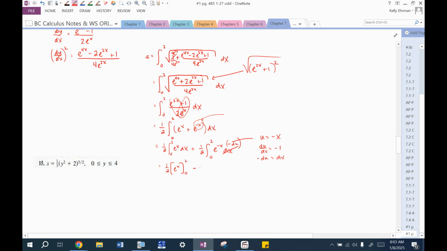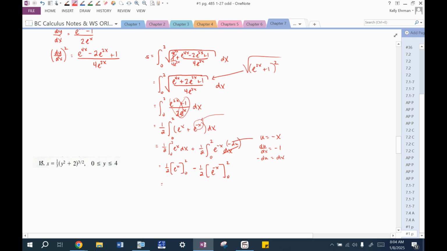And then it's going to be minus 1/2. So I've got the minus in there. Oh, that should say minus 1/2. Sorry, not minus 1 over 0. Minus 1/2. There we go. e to the u, or e to the negative x, evaluated from 0 to 2. All right, so that minus I just put in there, and then I just went ahead and integrated because this is still the integral of e to the u, and I want to rewrite that.